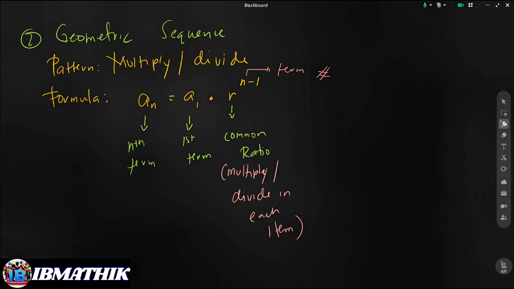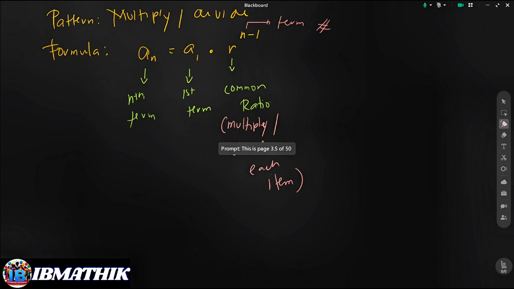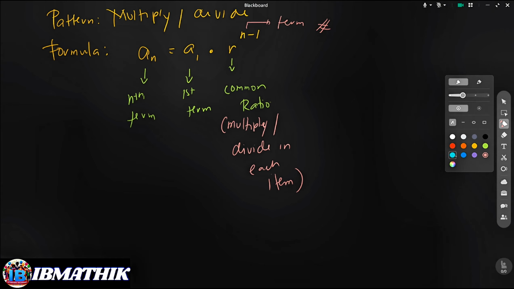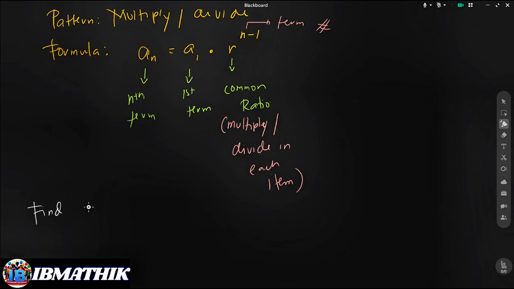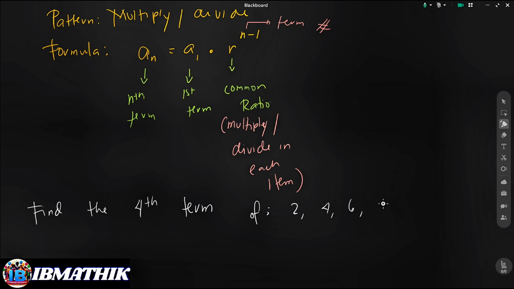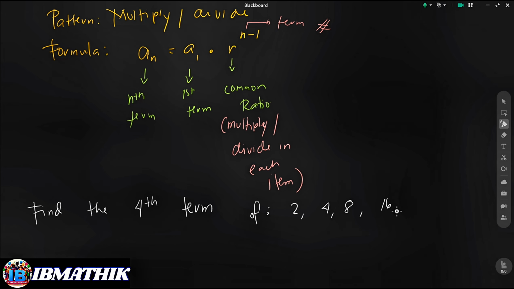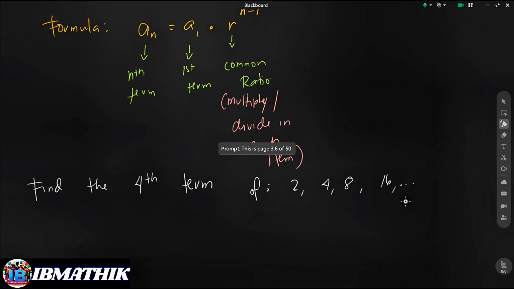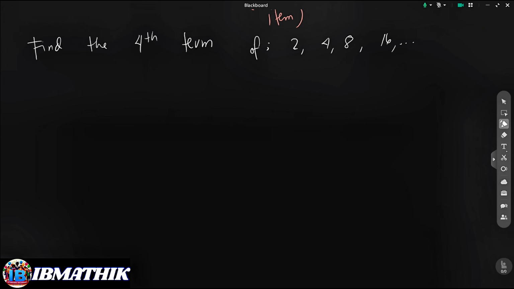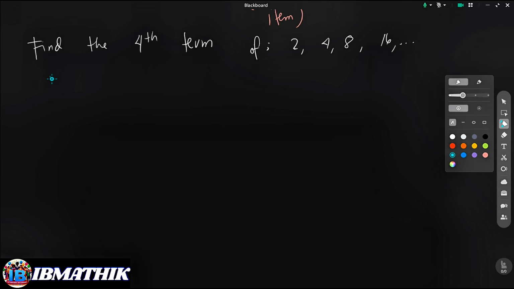Okay, so let's take an example for this sequence. Let's say we need to find the fourth term of 2, 4, 8, 16.